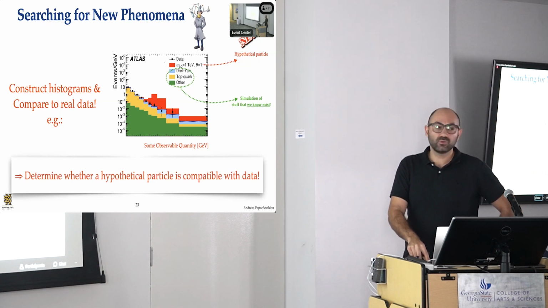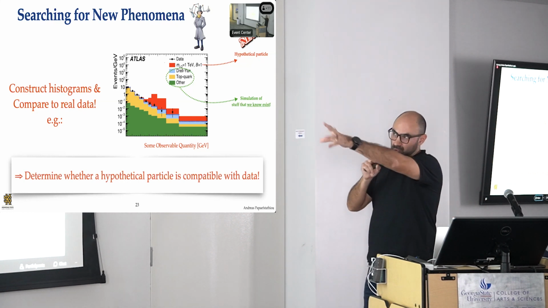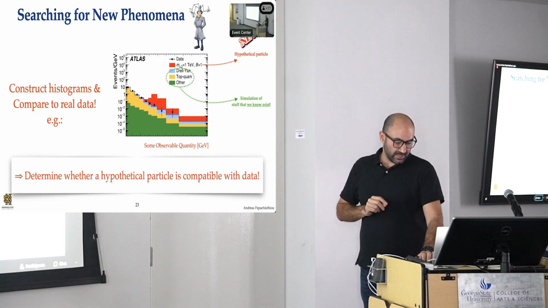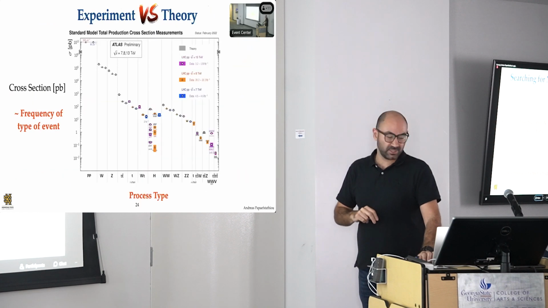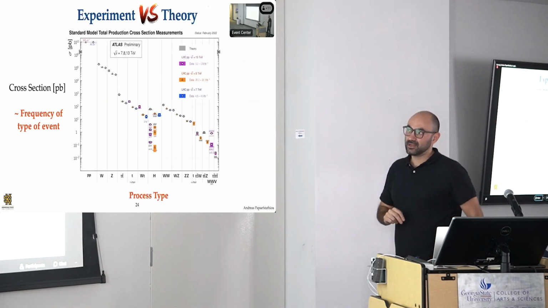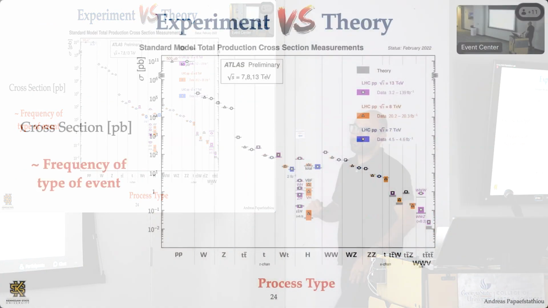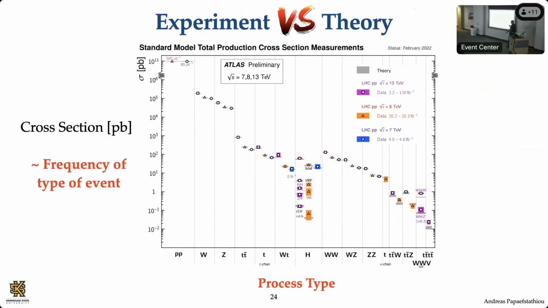You can do both kinds of exercises for various processes, and I'm showing you here a collection of the standard model total production cross-section measurements. The cross-section, we don't have to know what it is, just tells us how frequently an event can occur at a collider. So this is the frequency of the type of event, and this is the type of event. This is a comparison between theory and experiment.